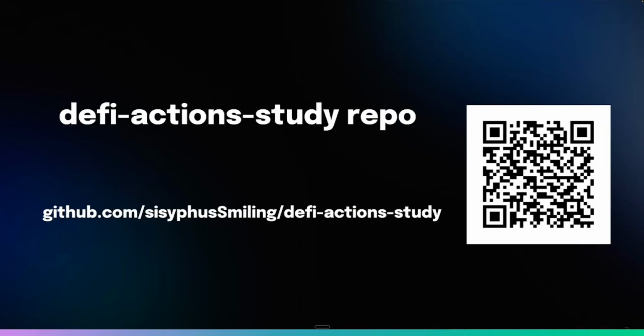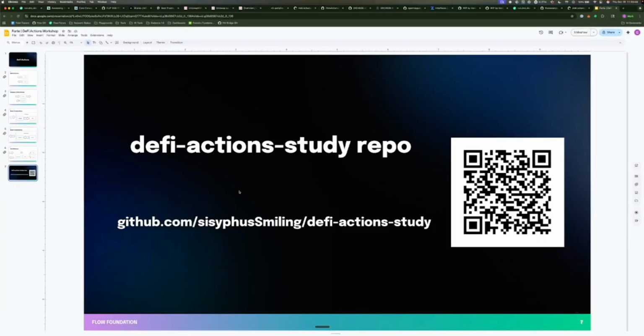Again, I didn't include scheduled transactions just to reduce the complexity and focus really on DeFi actions. But you could extend this example and add scheduled transaction functionality and then execute these workflows basically like an autonomous on-chain agent to execute your DeFi workflows. So, all right, let's take a look at the code.